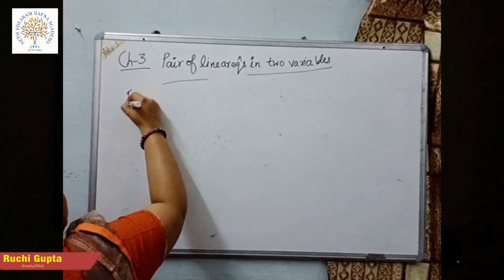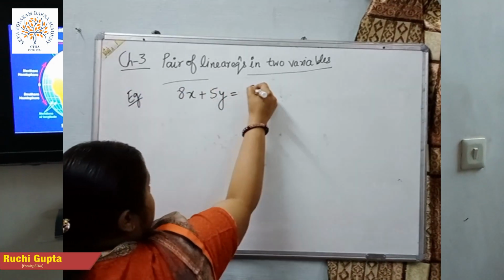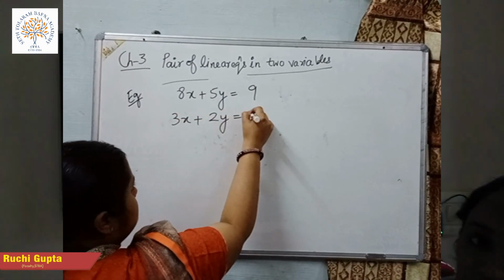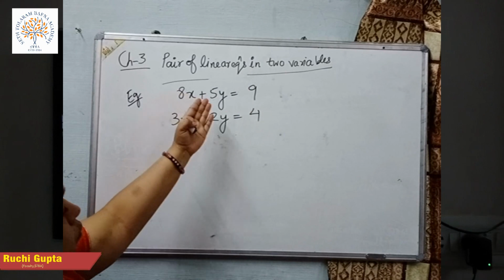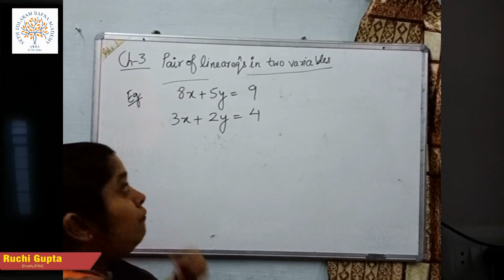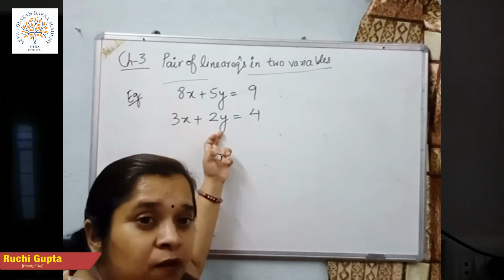So my example is 8x plus 5y is 9 and 3x plus 2y is 4. Students, two unknown variables are there, two equations are there.